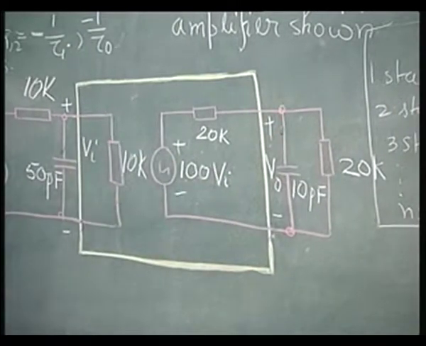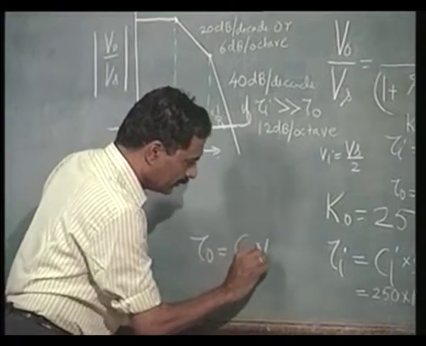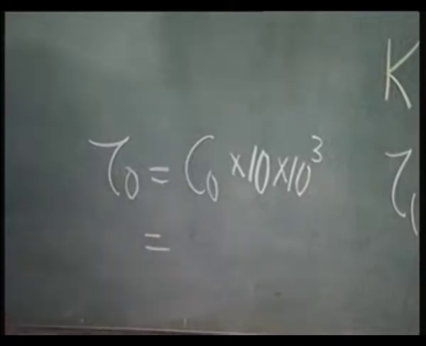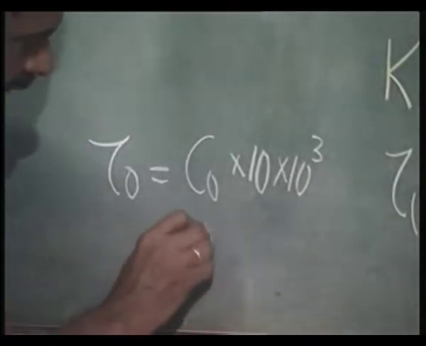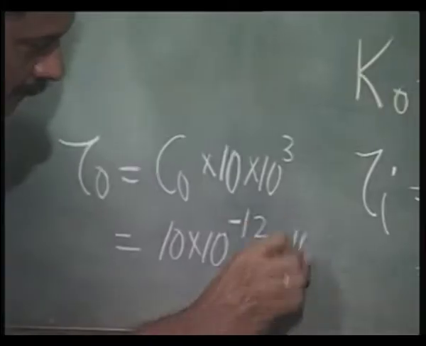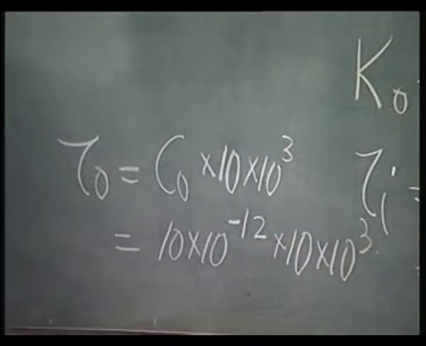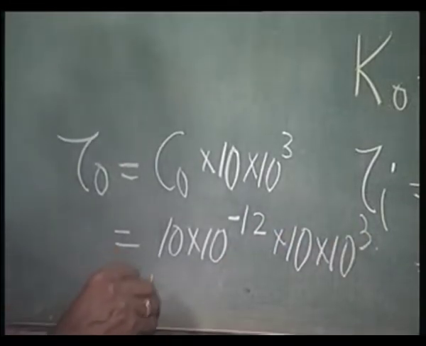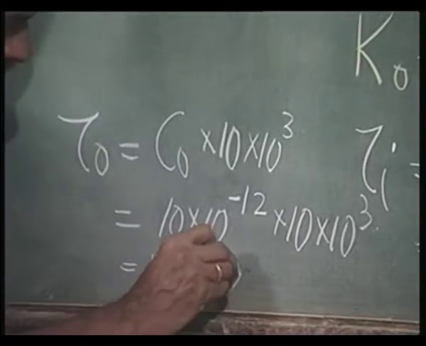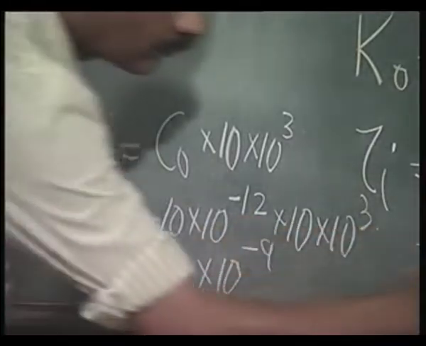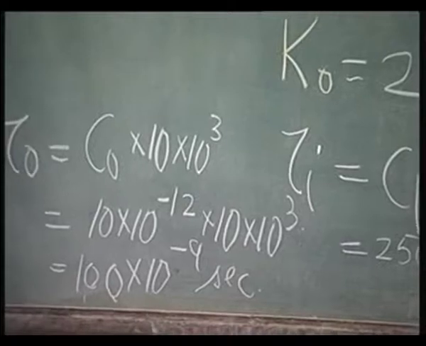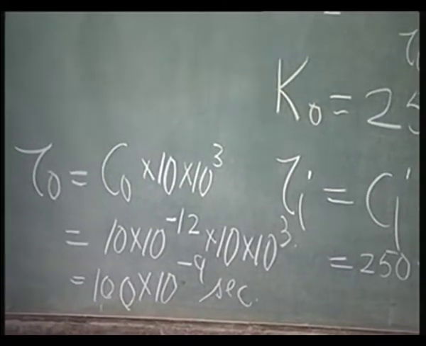So, 10 picofarads into 10k once again is equal to 100 nanoseconds. So, we have solved the problem.